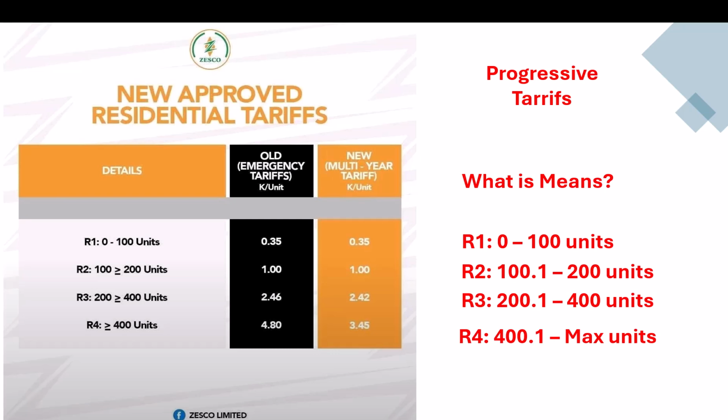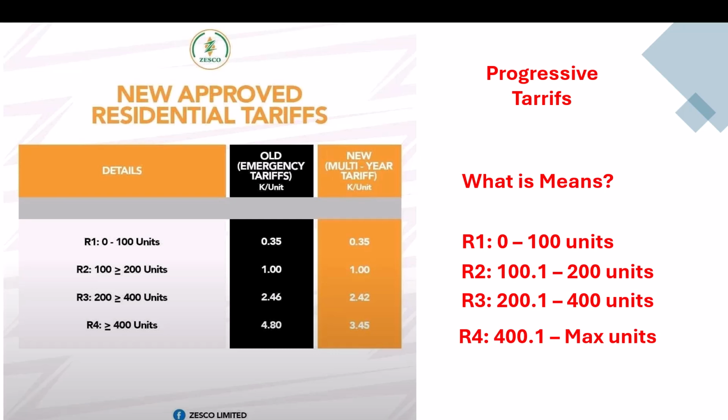The first band, which has a cost attributed to it of 0.35 Zambian kwacha per unit, covers the first 100 units that you use or that you buy. So when you buy electricity, or you buy energy, or you buy units, the first 100 units will cost 0.35.